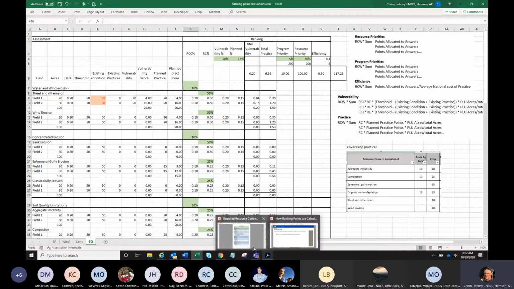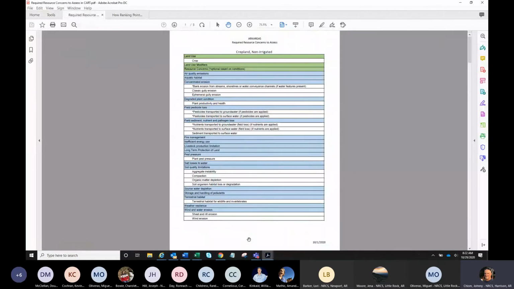So one of the things that we discussed as a team, the planning team, was coming up with a list of required resource concerns that are assessed for all, say for instance, non-irrigated cropland, regardless of whether they're signing up for EQIP or CSP, or they're not signing up for anything at all. They're just doing a conservation plan.